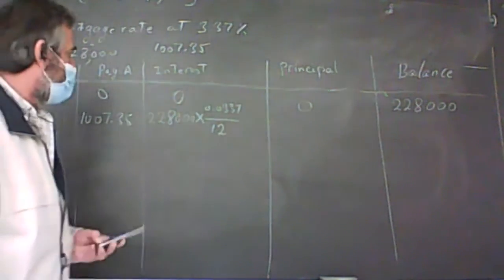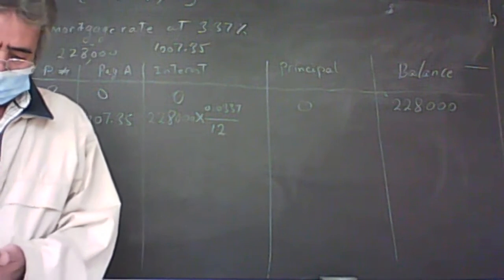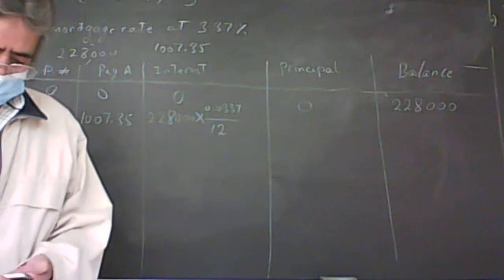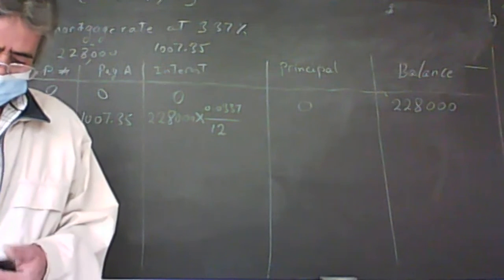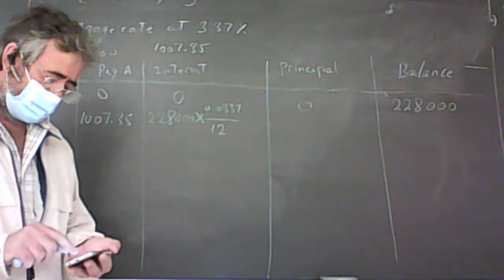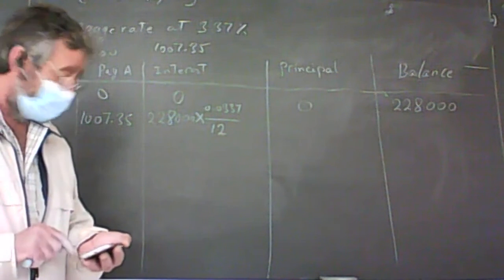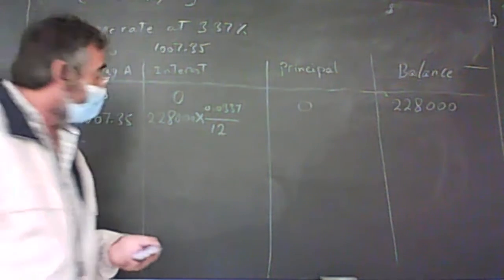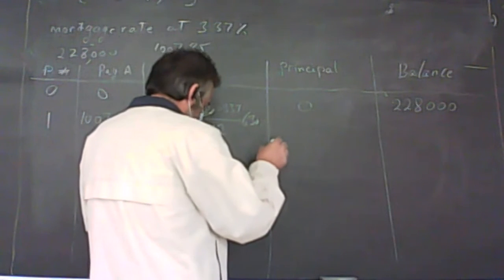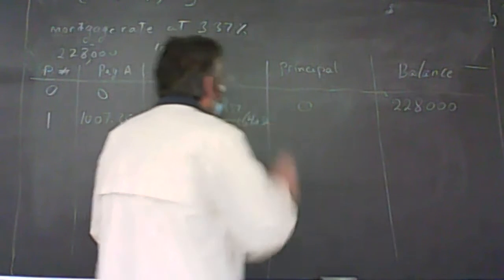Now, let me see how much that is going to be. So let's move to the calculator. It's going to be 228,000 times 0.0337, divided by 12, and that's going to be for the first month $640.30.